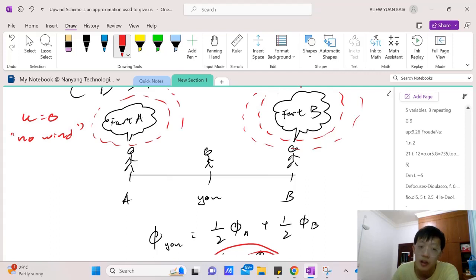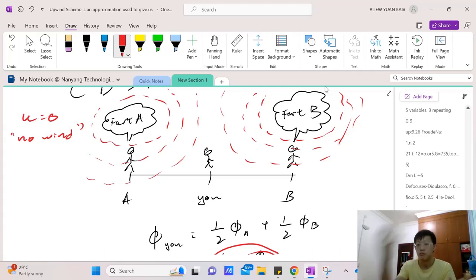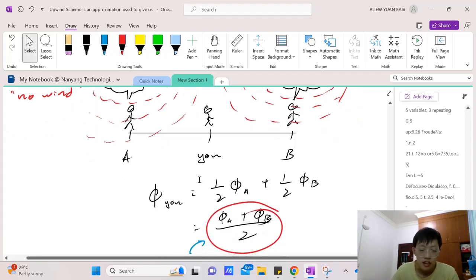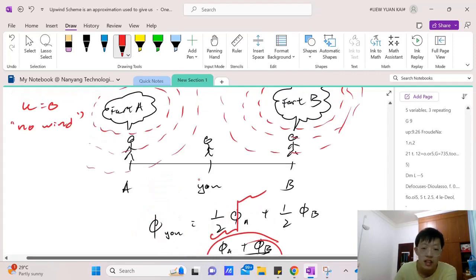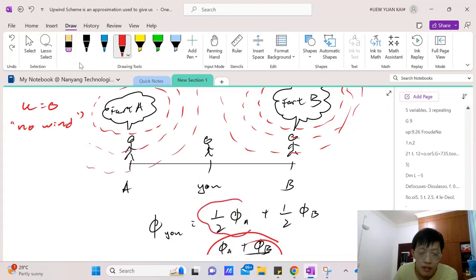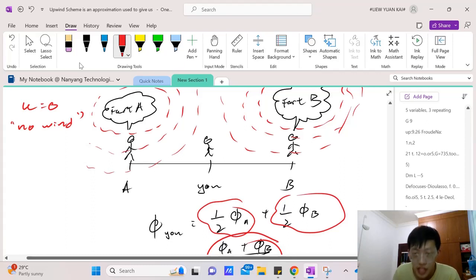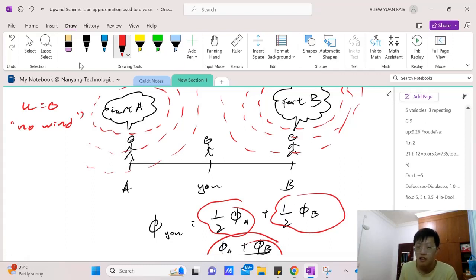When there's low wind, or no wind at all, it's likely that the fart that reaches you will be in equal proportion from A and from B. So we just say the fart that you smell would be half coming from A and half coming from B. Sorry, something is lagging with my computer. But this is only when the wind speed is very low or when there's no wind at all. So that's how we approximate using the central differencing scheme.